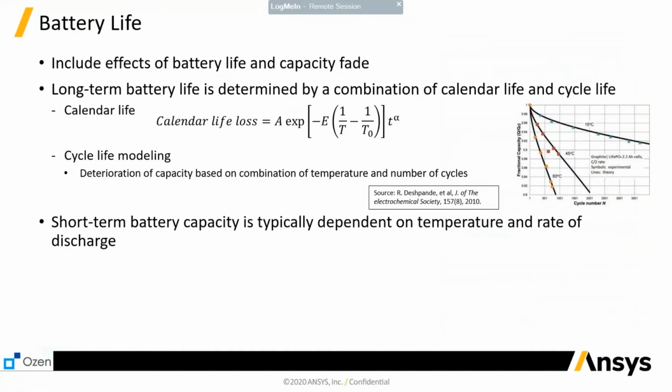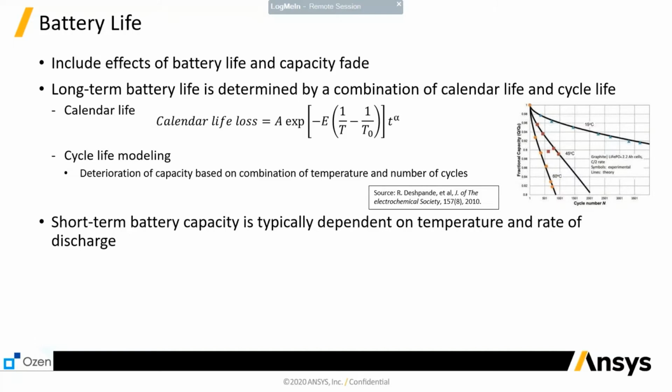The other factor which has been added specifically to this version is the battery life, which takes care of the effect of battery life and the capacity fade. The life of the battery is affected by two factors, the long-term factors and also the short-term factors. Long-term factors are mostly the calendar life or the number of cycles it goes through.